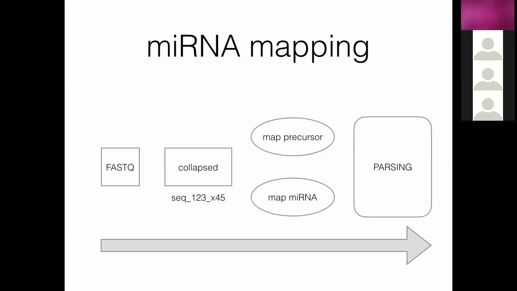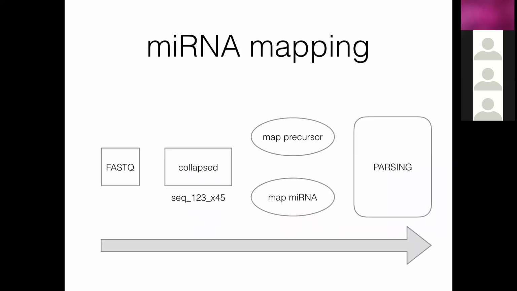So, microRNA mapping. Normally you have the FASTQ files. In general, almost everybody collapses them into unique different sequences, meaning that if you have 1 million, probably when you collapse you have 55,000 different sequences.